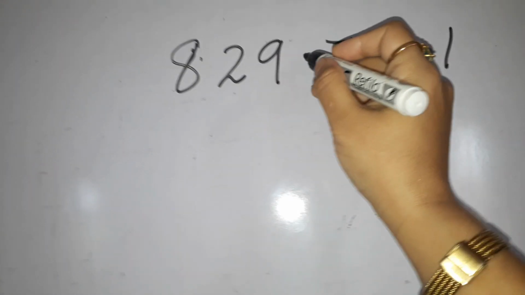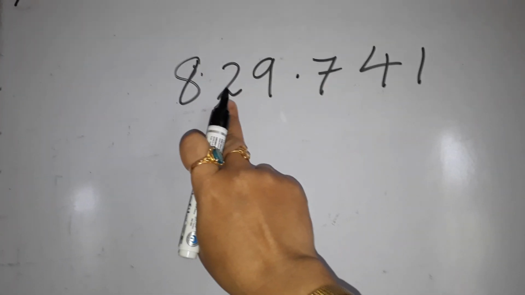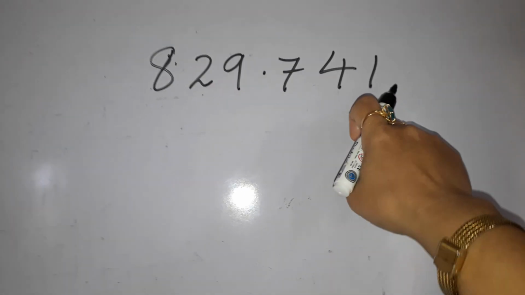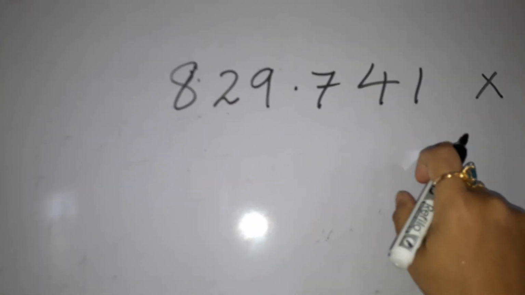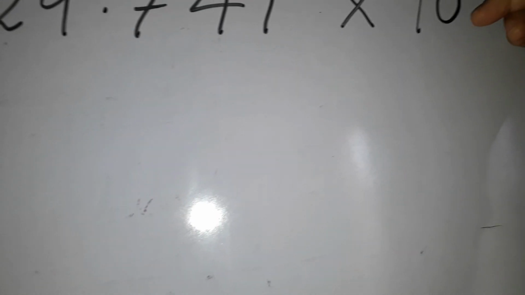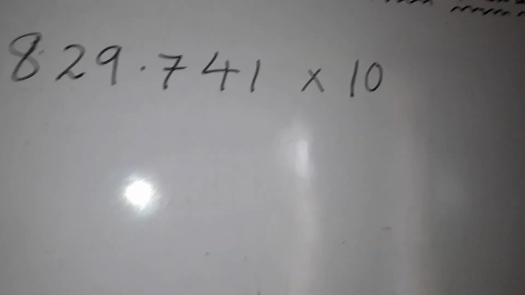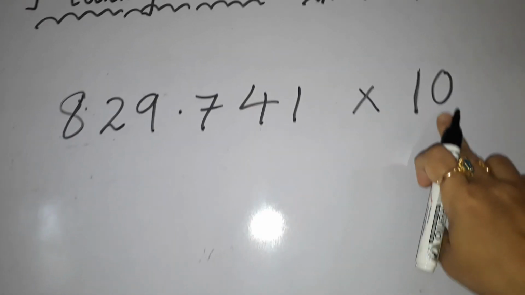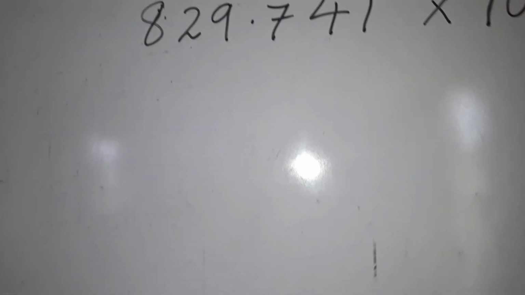We read the decimal number as 829.741. I am going to multiply this bigger number, the multiplicand, by the first power of 10. 10 is called the first power of 10, or the multiple of 10, because it has got 1 zero in it. Now we will multiply.